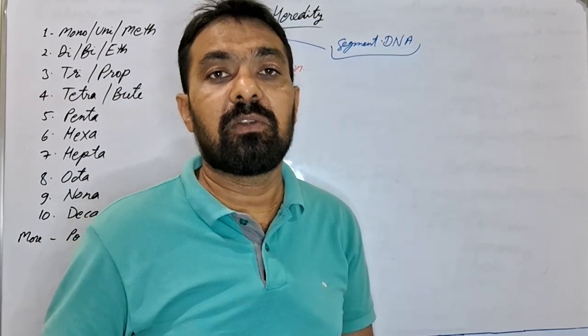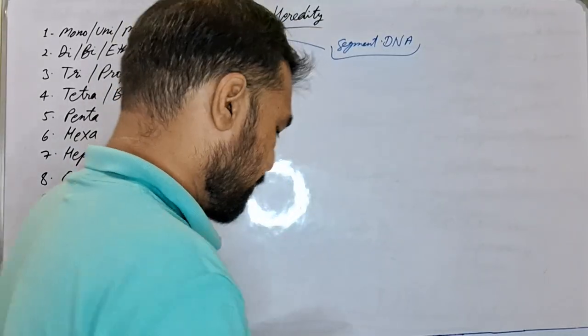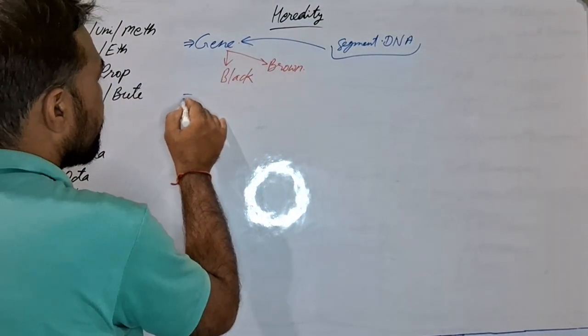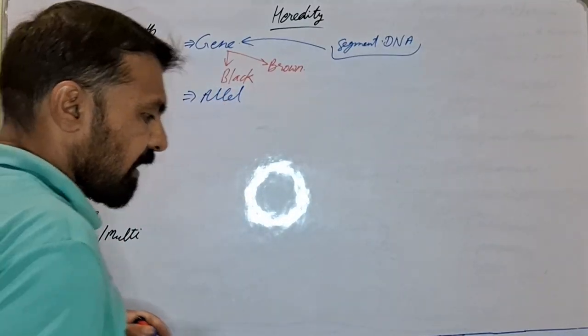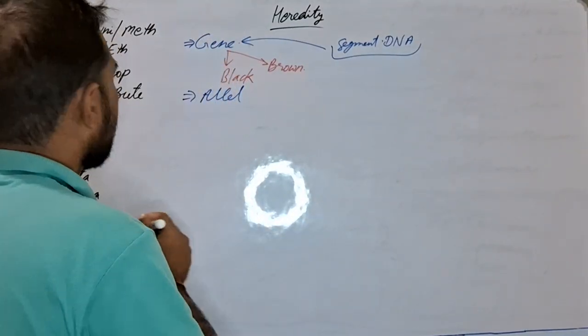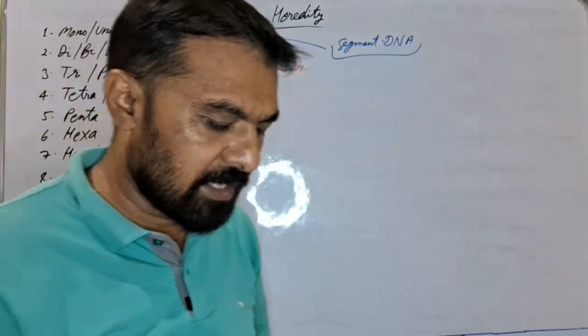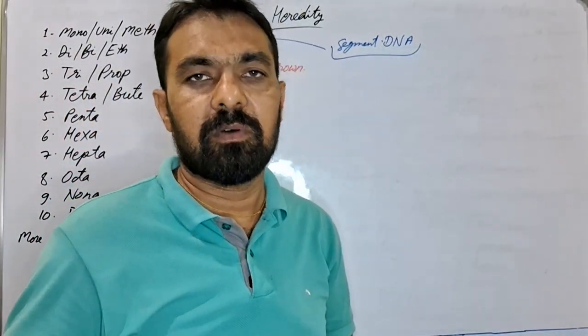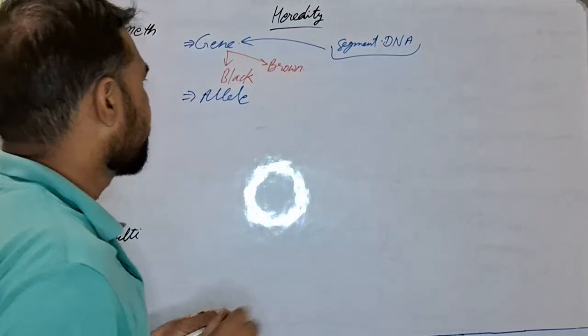These two different or alternate forms of a particular gene are known as allele. So basically, allele is a complementary form of the DNA, or we may say complementary form of the gene.